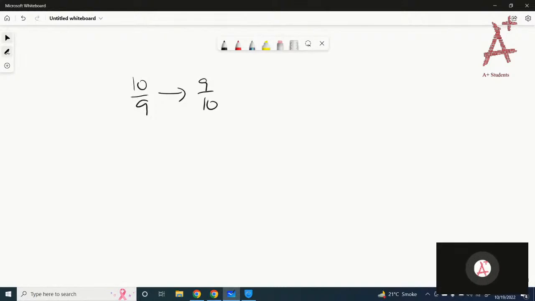Okay, the next one is, what is the reciprocal of negative 2 by 3? So the reciprocal of negative 2 by 3 is negative 3 over 2. Got it? Okay, the next one is, what is the multiplicative inverse of negative 4 over 5?